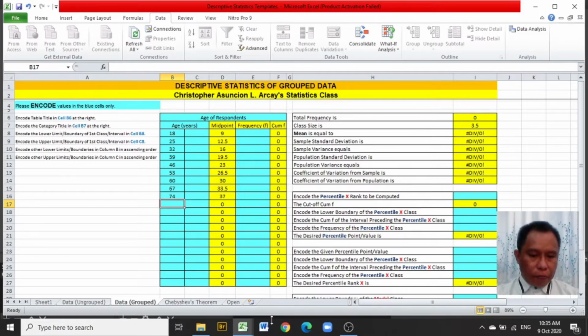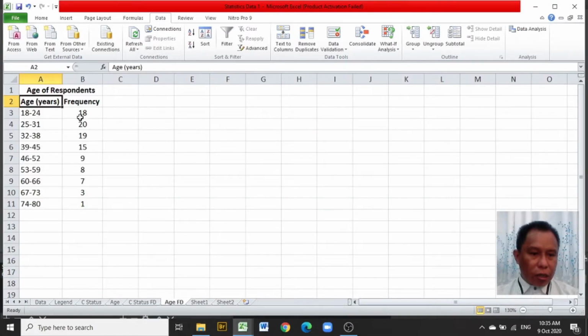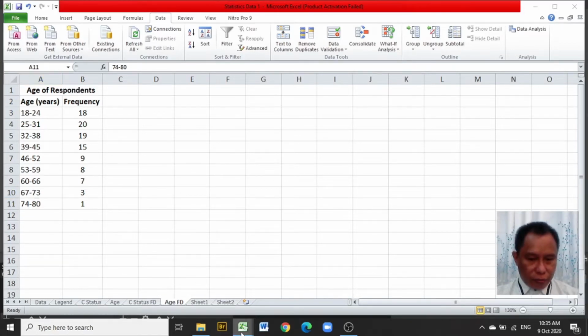The next step is to encode the upper limits starting from 24 towards 80 that differ only by 7.